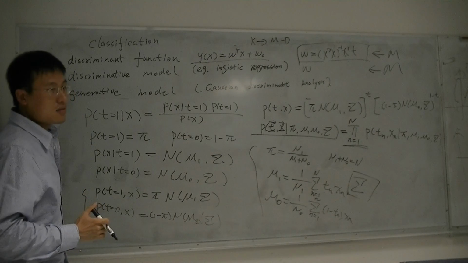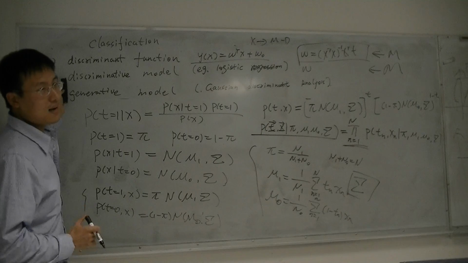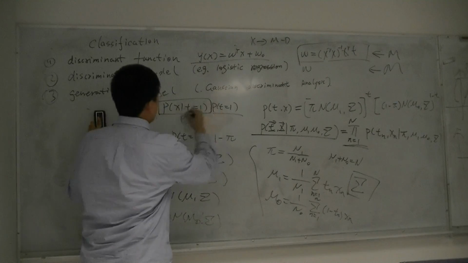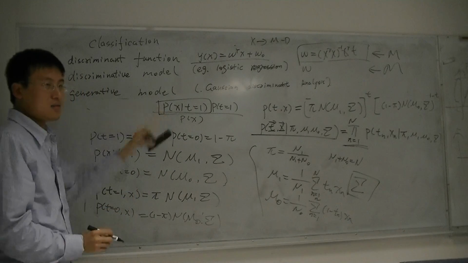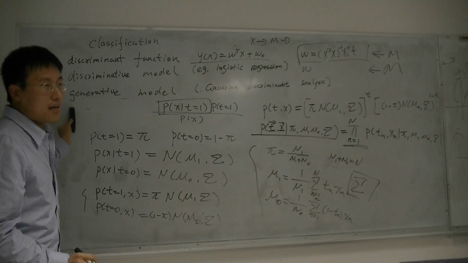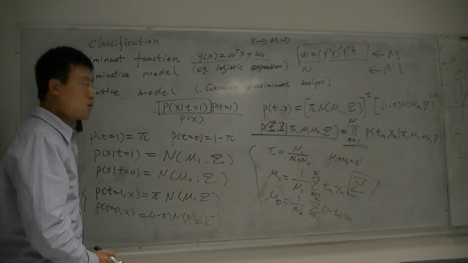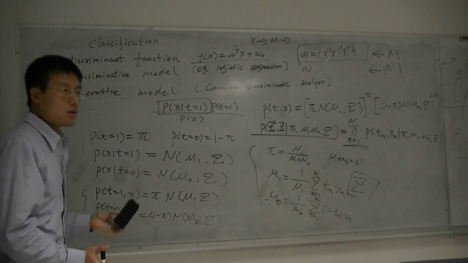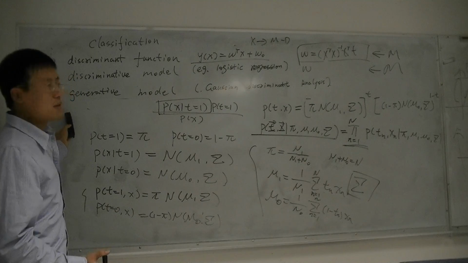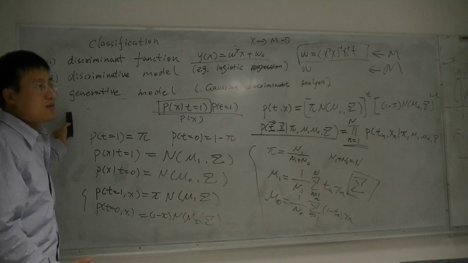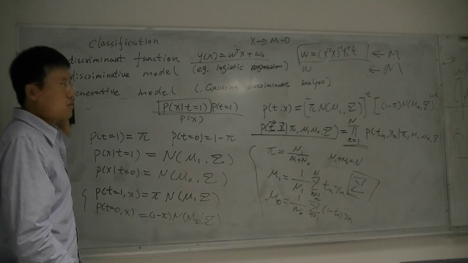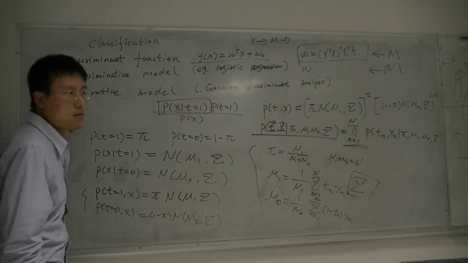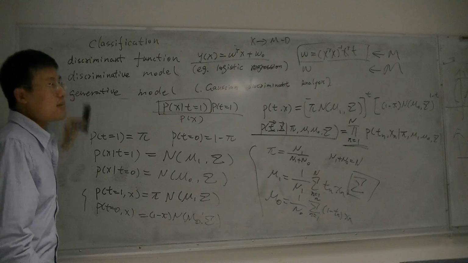But in the second method, there's no assumption on your likelihood function, the p of x given t. It can be any distribution. So in the third method, you have some prior knowledge. You know the data distribution is Gaussian or Poisson. So if you have very few training data and you know your data is Gaussian, then you can generate a more accurate result in the third method compared with the second method.